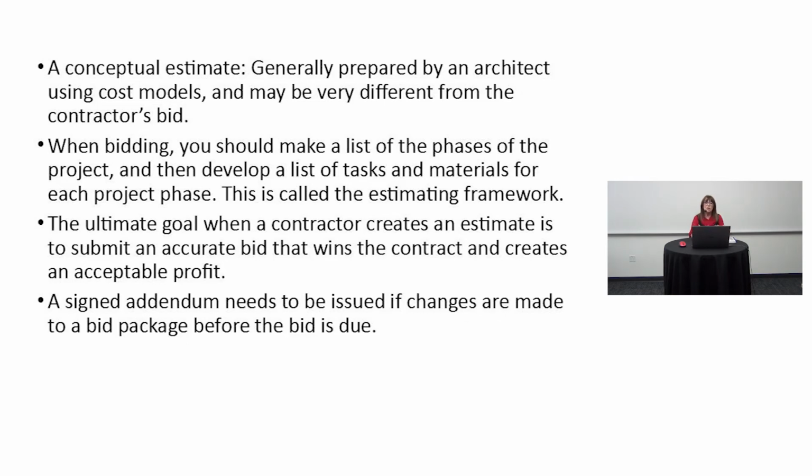Again, showing you how to use this pearl and think about it as a question and an answer. What is the ultimate goal when a contractor creates an estimate? Well, to submit an accurate bid that wins the contract and creates an acceptable profit.